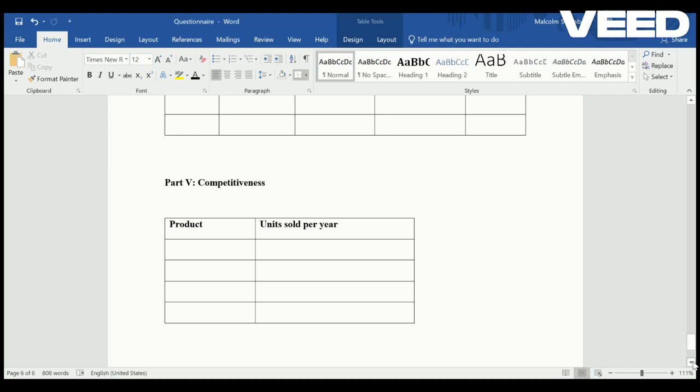The first heading would discuss the independent variable. The second heading would discuss the first dependent variable.